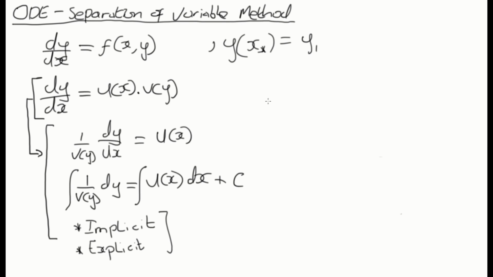I can also say for instance x1, but just say x star is fine. Once we have your y here, the general solution, then you will have to apply this condition. You have to apply your y value, you have to apply your x value. This will give you your c that you have here.